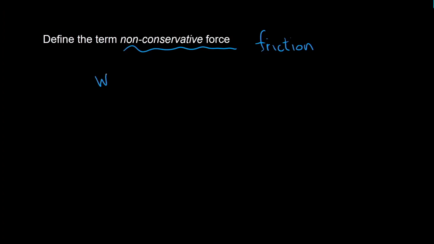In a conservative force, the work is not dependent on the path. So the words that you would have to write down are that the work is dependent on the path taken.